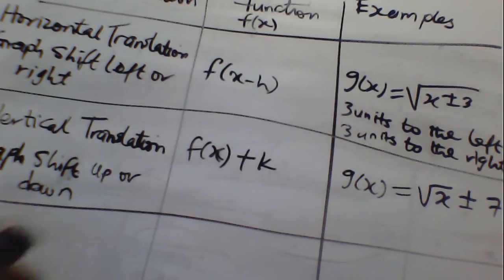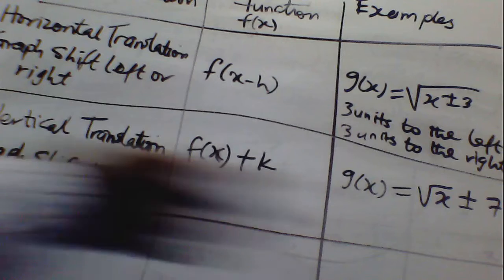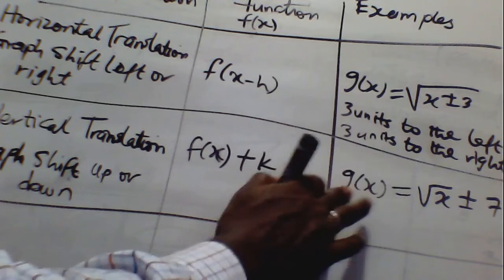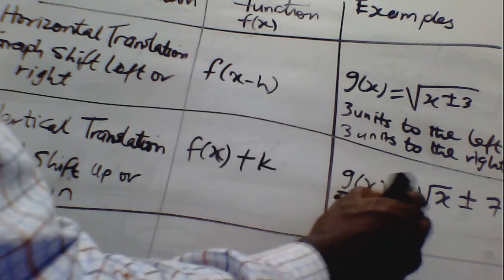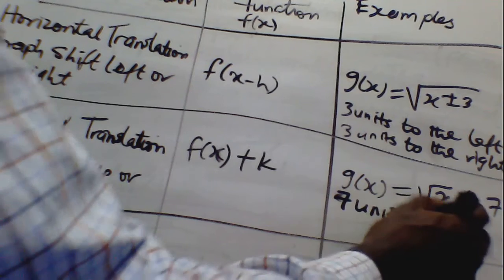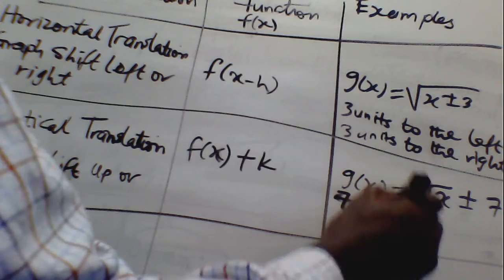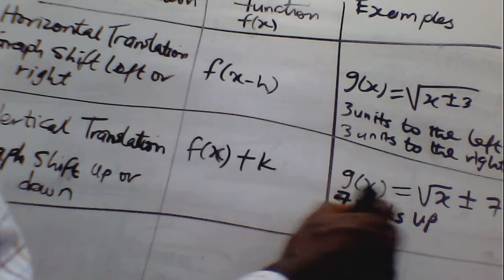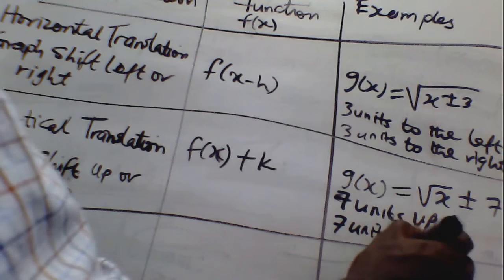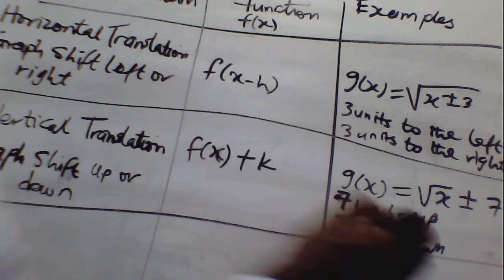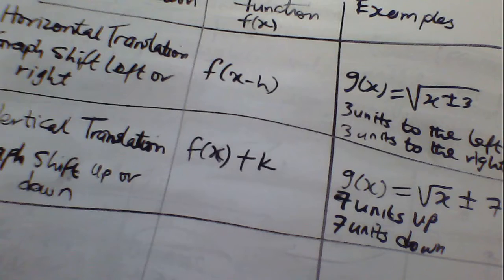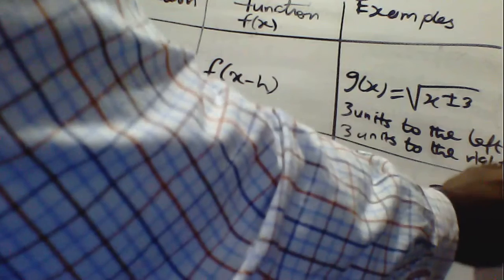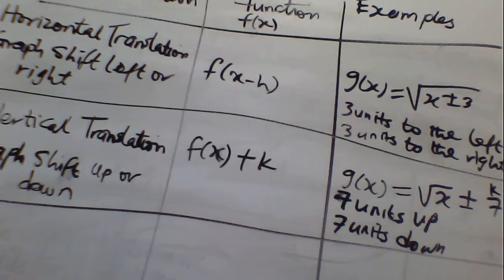So when you have this type of function, it means 7 units up or 7 units down. That is k. So that is vertical translation.